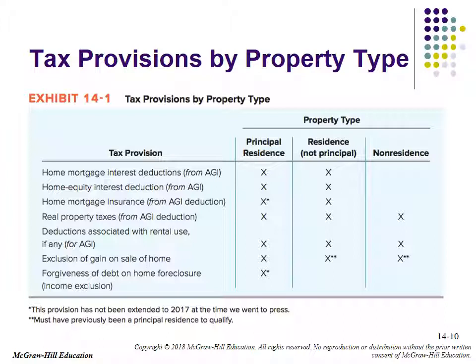So, what kind of tax provisions are there? I'm recording this the day that the House Ways and Means is going to be announcing the new tax law, so this could all change. But as of right now, for your principal residence: home mortgage interest, the interest on a home equity loan, home mortgage insurance, they call that PMI, and real estate taxes on your principal residence.